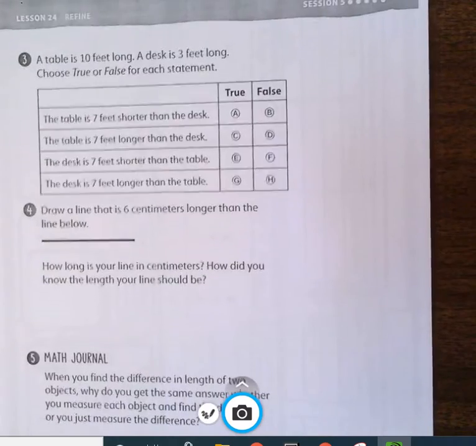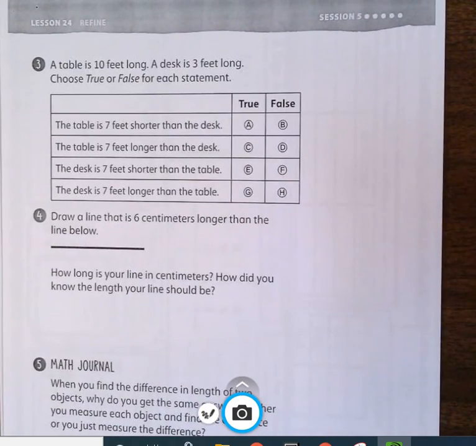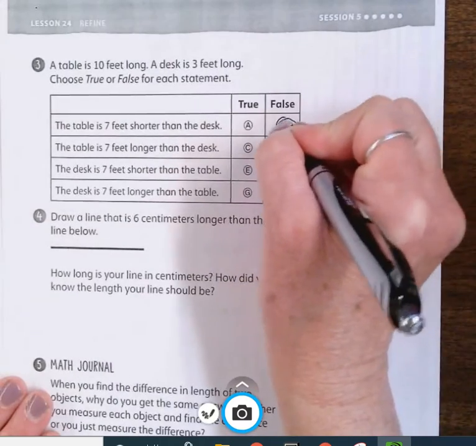Okay, number 3, a table is 10 feet long. A desk is 3 feet long. Choose true or false for each statement. Okay, the table is 7 feet shorter than the desk. No, we know the table is longer, don't we? So, false.